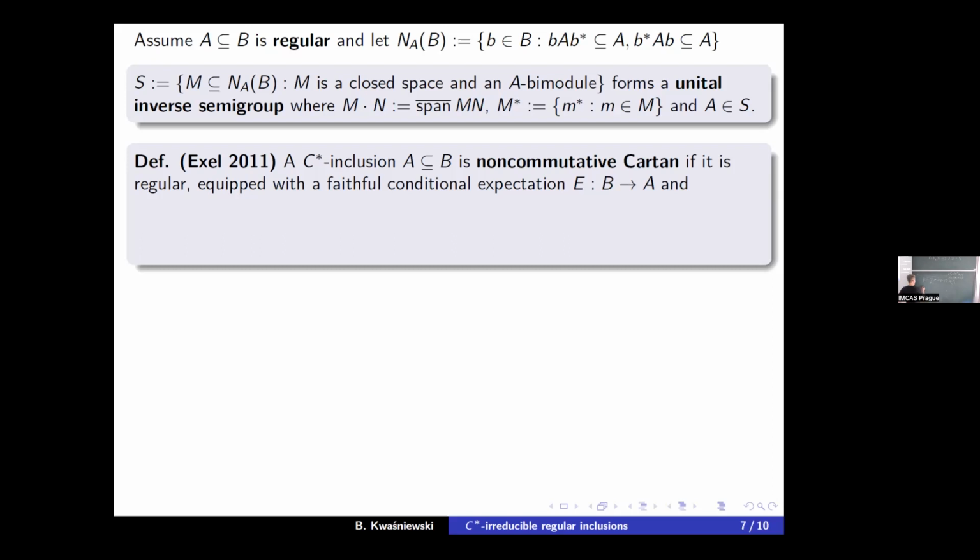Then he required A to be a maximal abelian subalgebra in B, which can be written as: the commutant of A in B is A again.